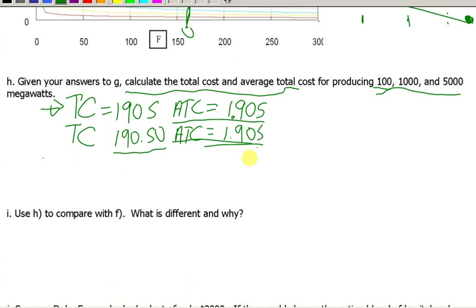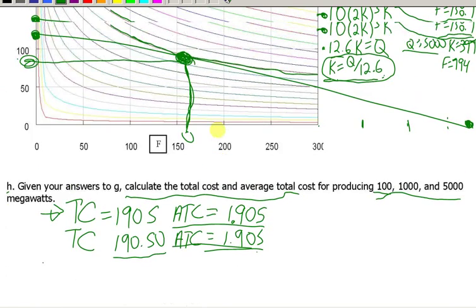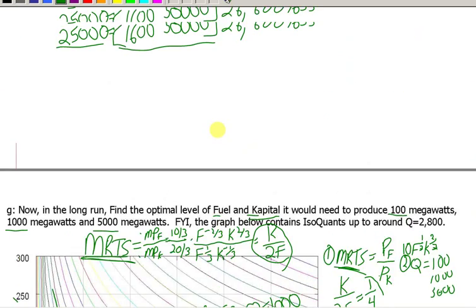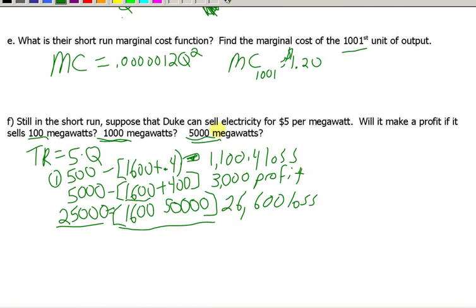So use H to compare with F. So here we found that our average total cost doesn't go up, so we have constant returns to scale. Go back and look at F when we were talking about what happens in the short run when we increase our production.